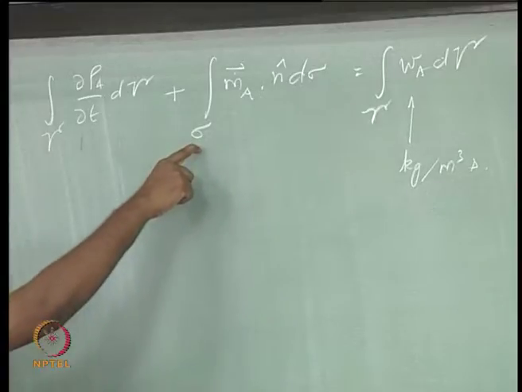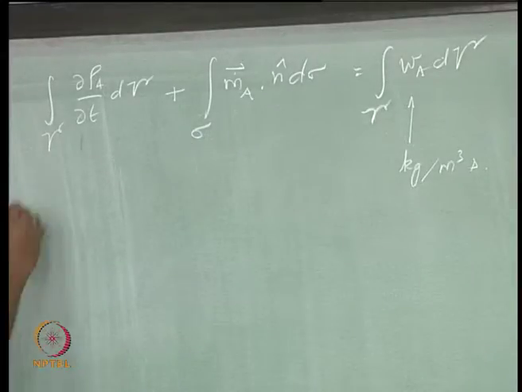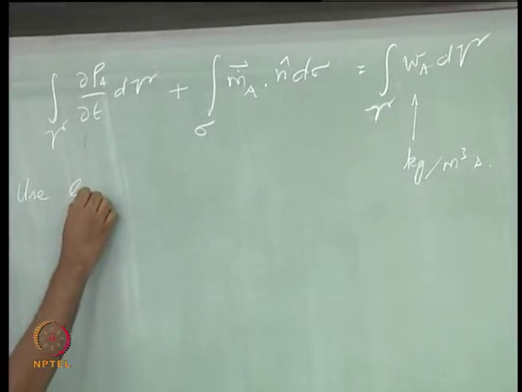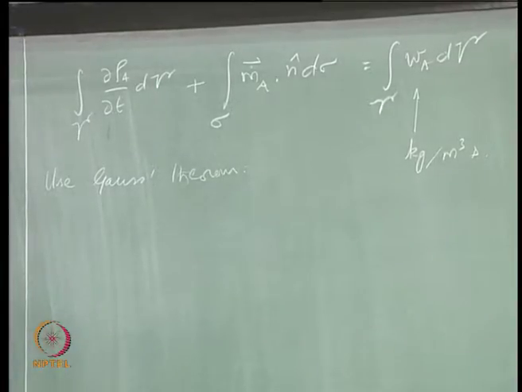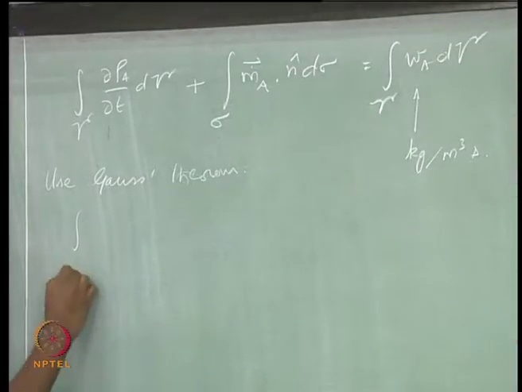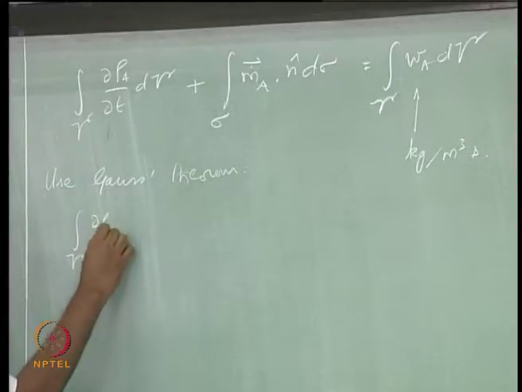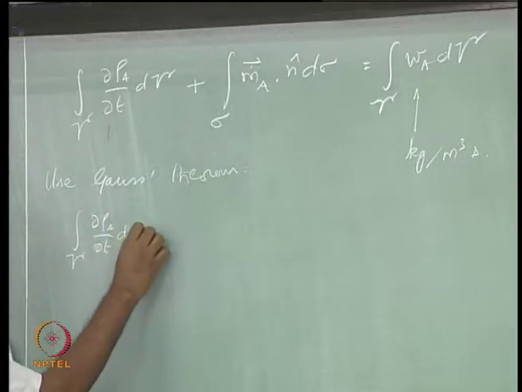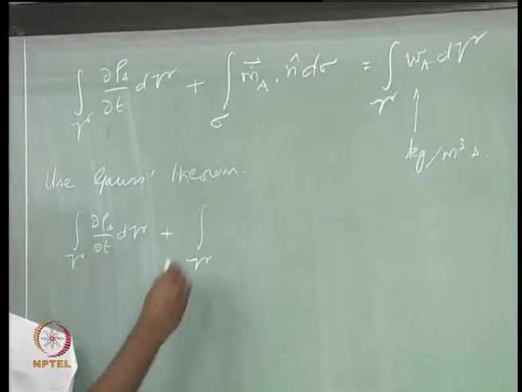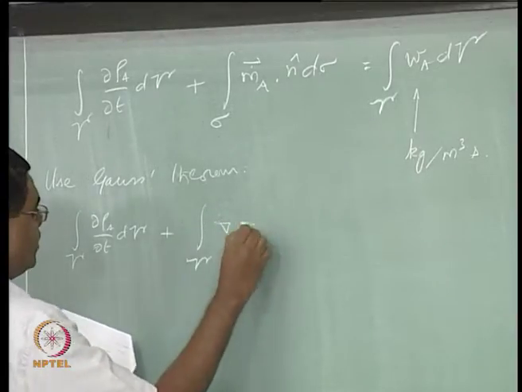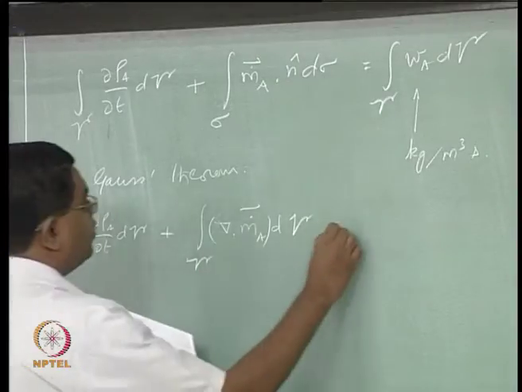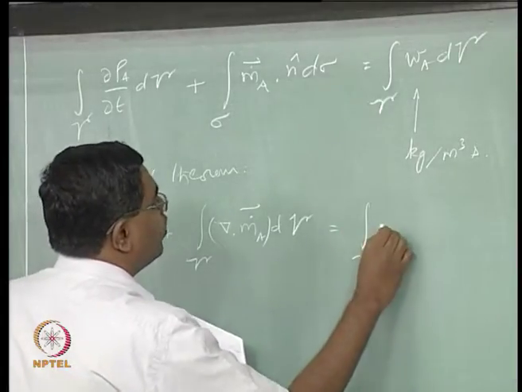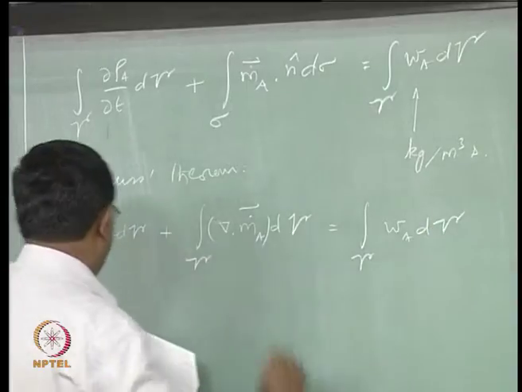This is a surface term, therefore we now use the Gauss's divergence theorem to convert your surface term to a volume term as well, and so we now have a volume term for the first as before, plus a volume term for the second as well, which is the divergence of ṁA vector dV, equal to the integral over volume of WA dV.